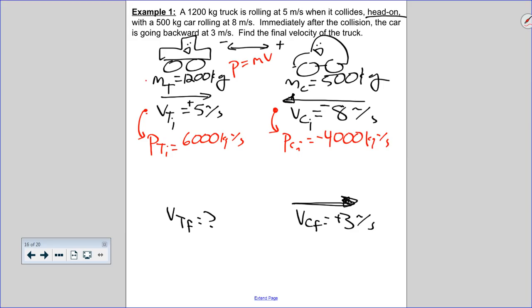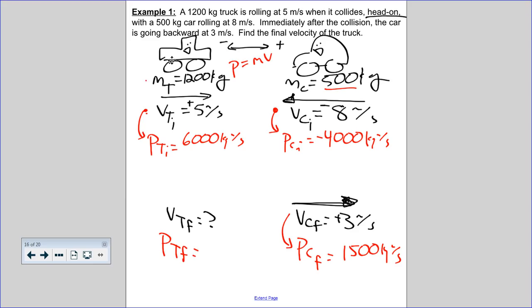Okay? Down here, after the collision, the momentum of the car after the collision is mass times velocity, so 500 times 3 is what, 1,500 kilogram meters a second. Okay? But I can't find this guy because I don't know the velocity. All right?